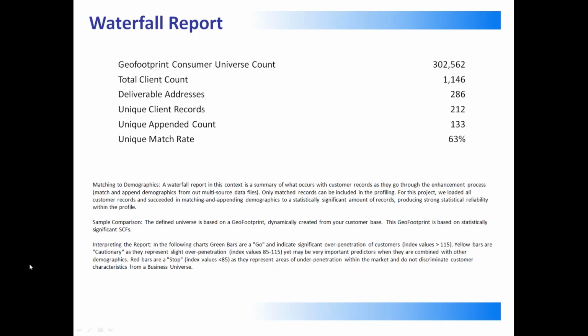And all this does is tell us what we did with the bowling customer database as we moved it through the model preparation. So in this example, we received a database of 1,146 bowling center customers. Now these were relatively incomplete addresses.